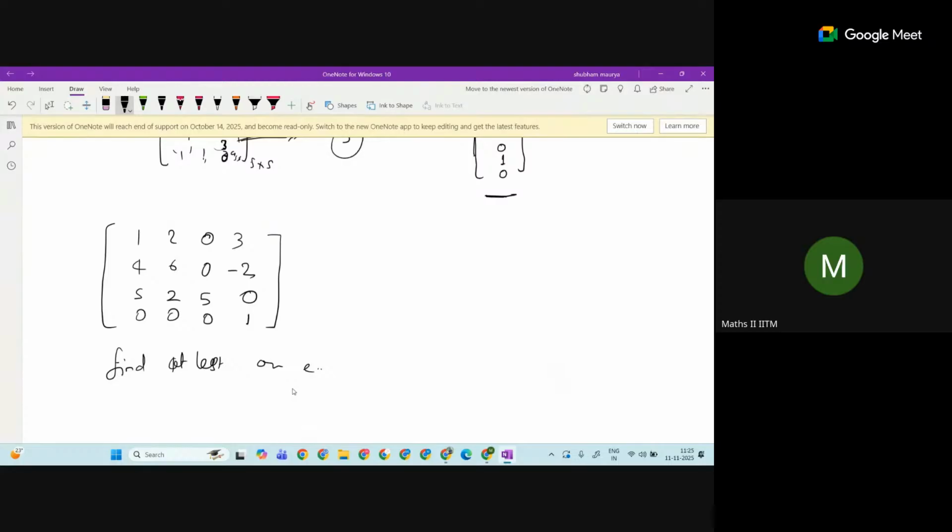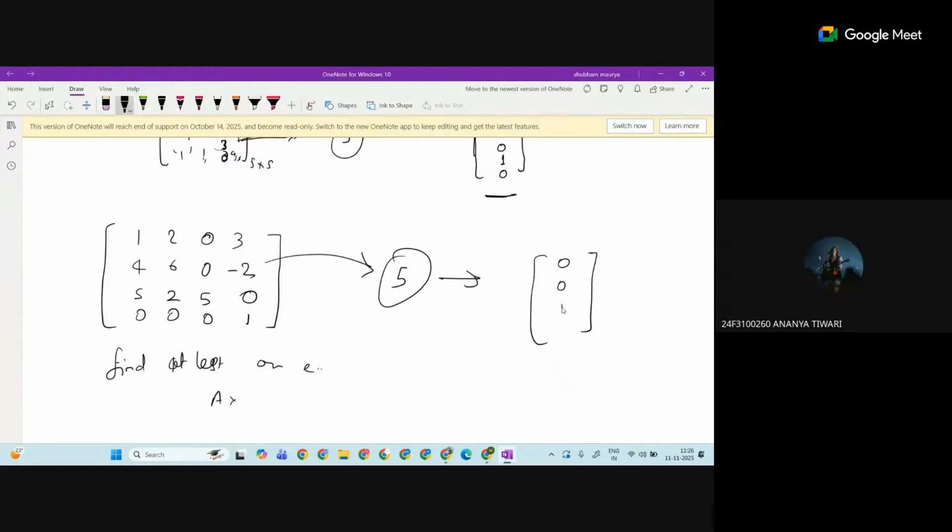Here you don't need to proceed with A minus lambda I and do all that. Here you just see this column. At the diagonal entry, which is 33, here is 5, and all other entries are 0. So here quickly you can deduce that this matrix has 5 as an eigenvalue, and the eigenvector is going to be 0 0 1 0.